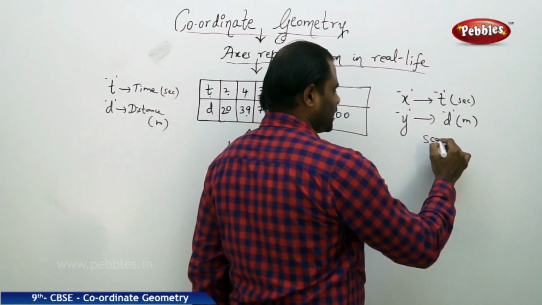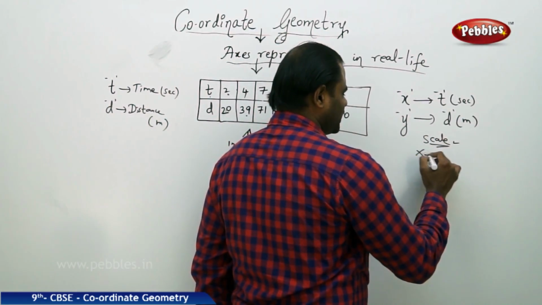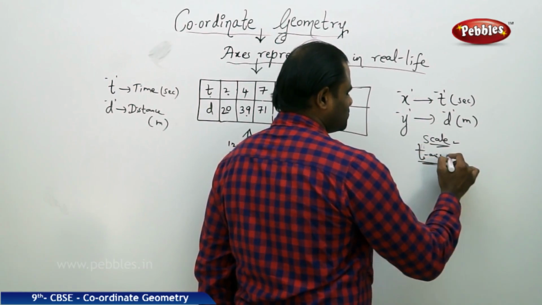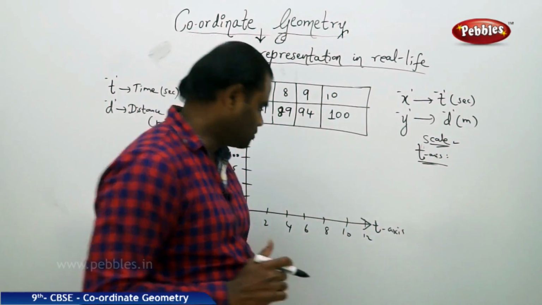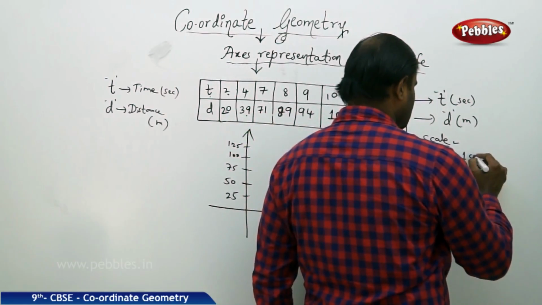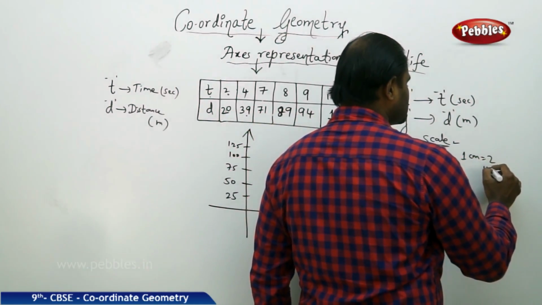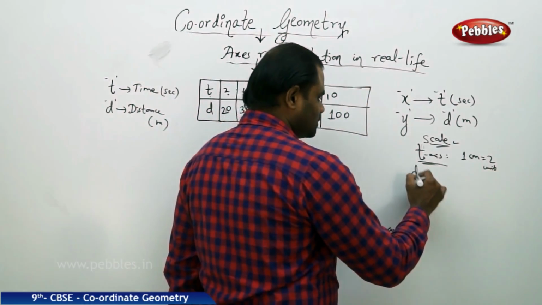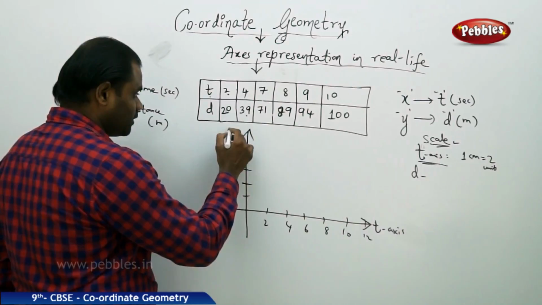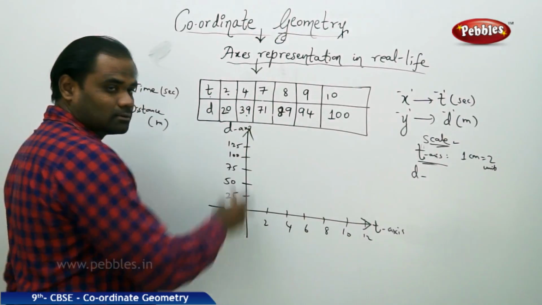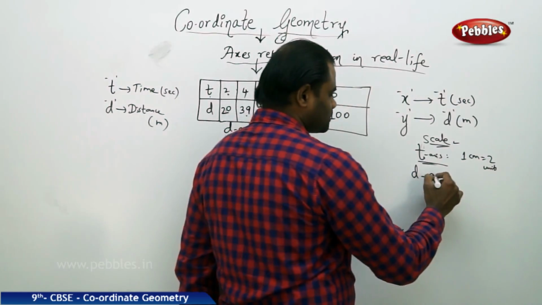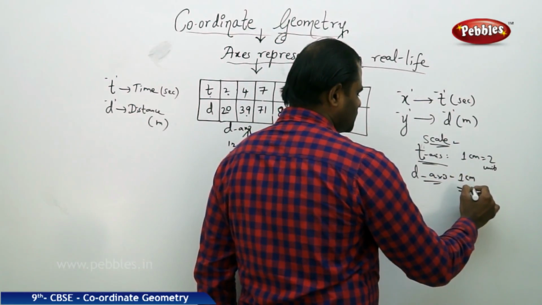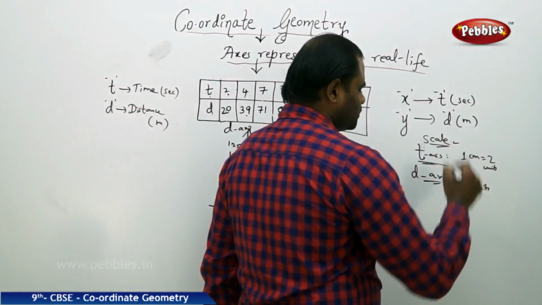So here I adjust the scale on the x-axis, which is my t-axis, to be 1 centimeter equal to 2 units, and then on this d-axis, which refers to the y-axis, the distance axis, 1 centimeter equals 25 units.